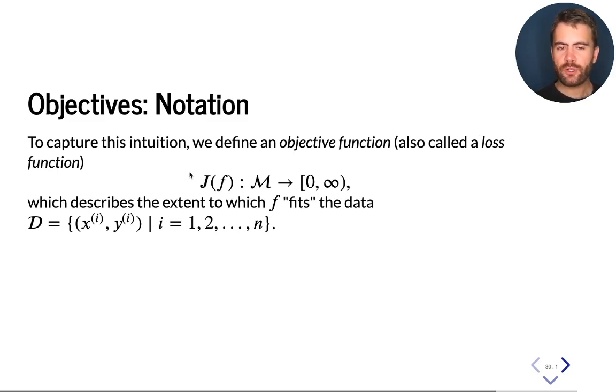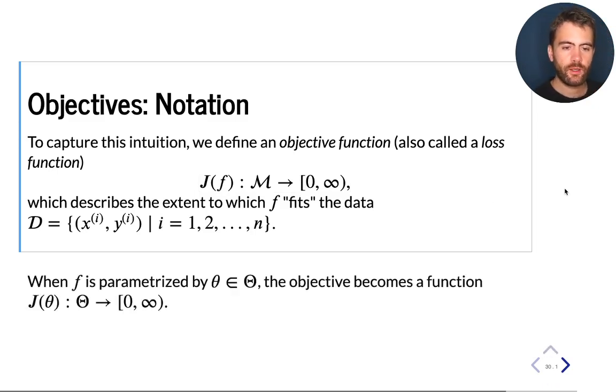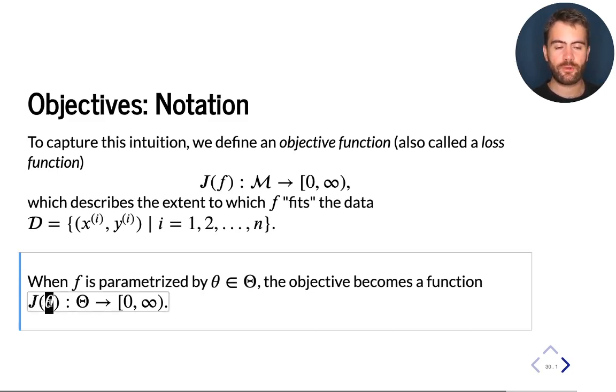In general, an objective is simply a function over the set of models. Given a model f, it assigns some score, and we typically want to minimize this objective function. Again, if f is parameterized by theta, we can define our J to be directly a function of the parameters theta.